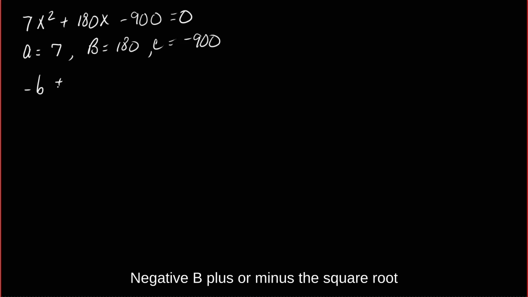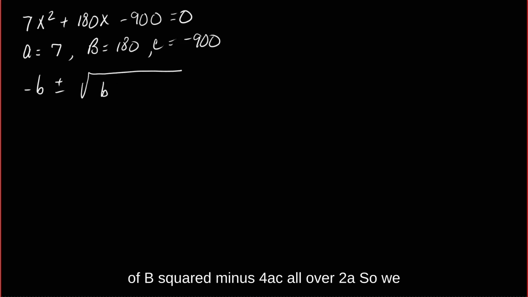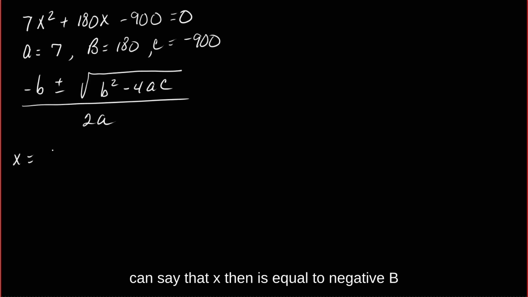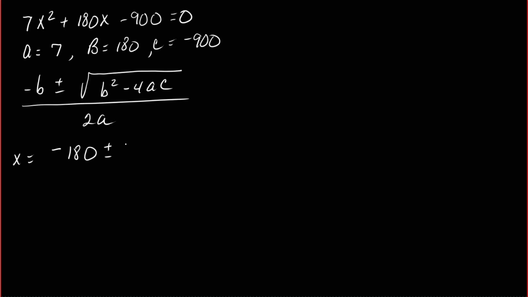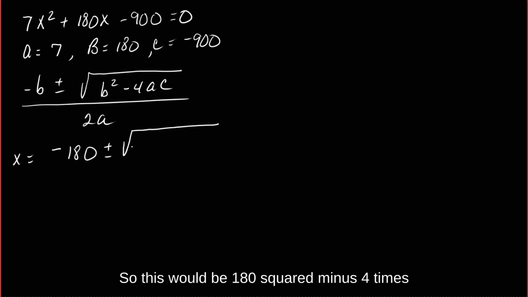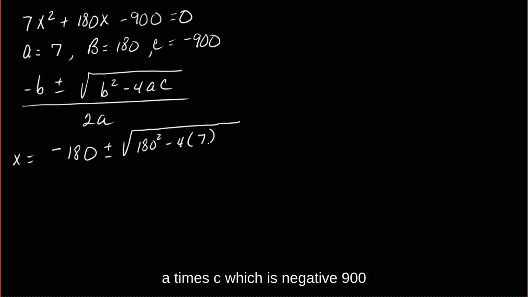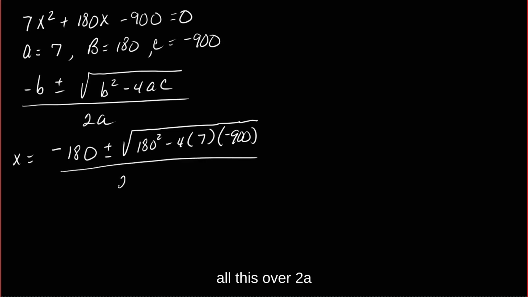Using the quadratic formula, negative B plus or minus the square root of B squared minus 4AC, all over 2A, x is equal to negative 180 plus or minus the square root of 180 squared minus 4 times A times C, which is negative 900, all over 2A.